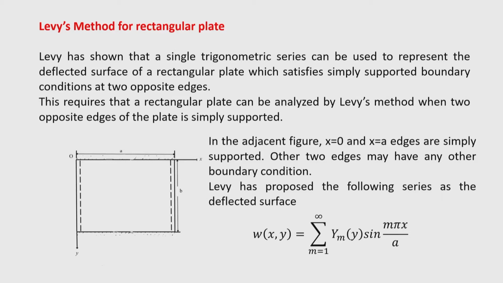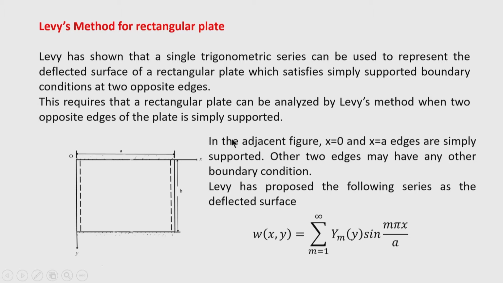And we can readily see, you can verify that by taking this function w x y equal to Y m into sin m pi x, the boundary condition is easily satisfied, all the boundary conditions, geometric as well as this force boundary condition. Now, I think you have understood the difference between the Navier's method and Levy's method.